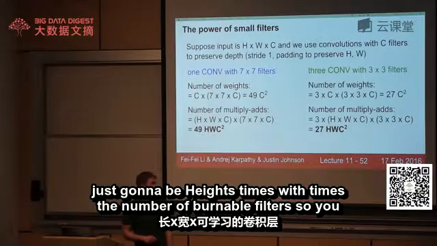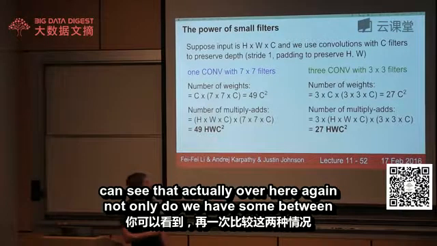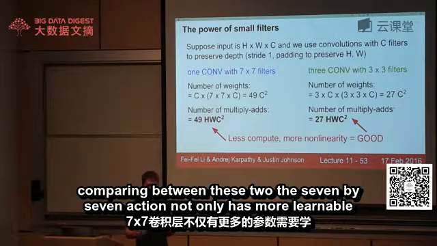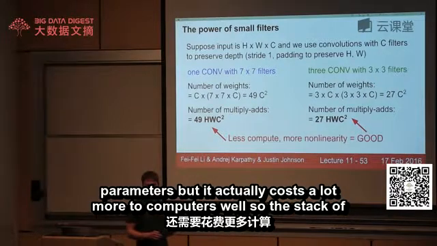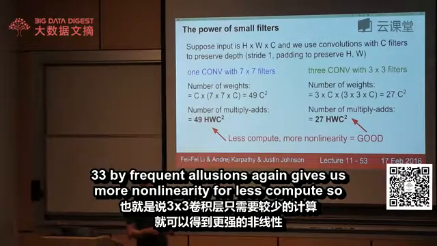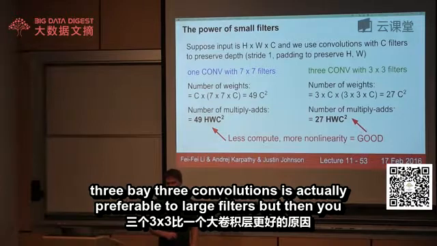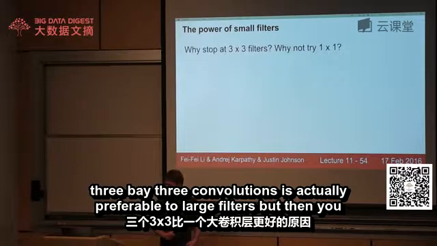Comparing these two, the 7x7 not only has more learnable parameters, but it also costs a lot more to compute. So the stack of 3x3 convolutions gives us more nonlinearity for less compute. That gives you some intuition for why having multiple layers of 3x3 convolutions is preferable to large filters. But then you can think of another question.